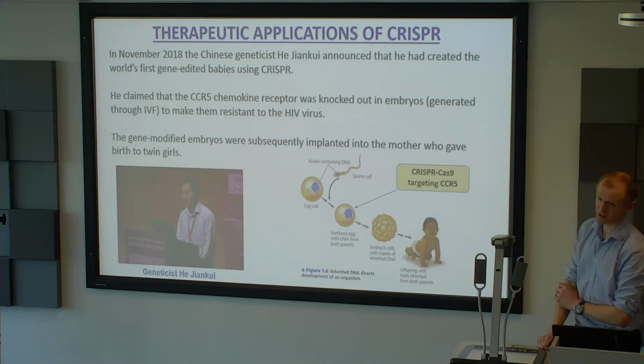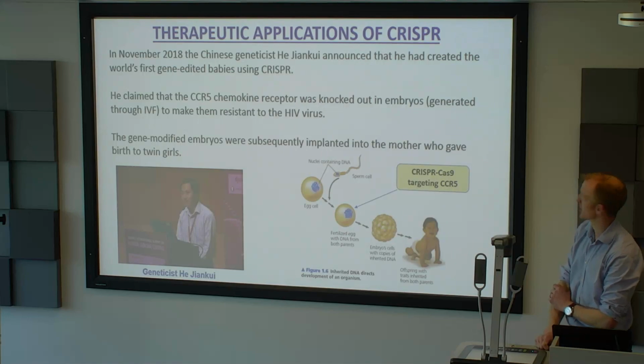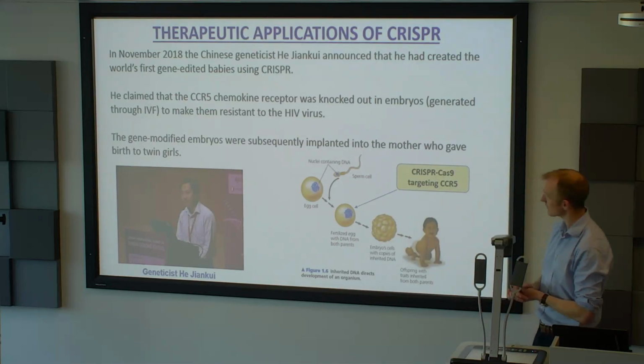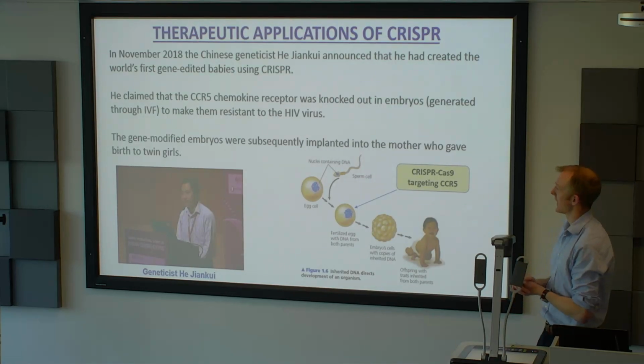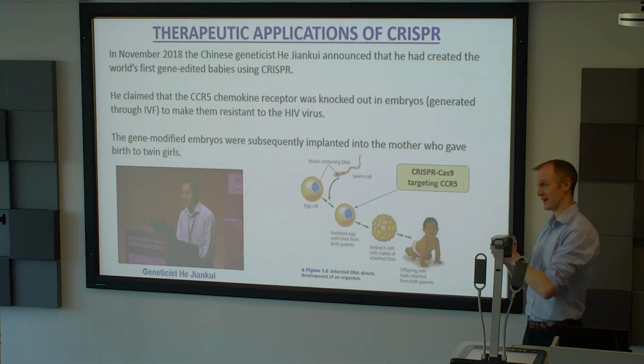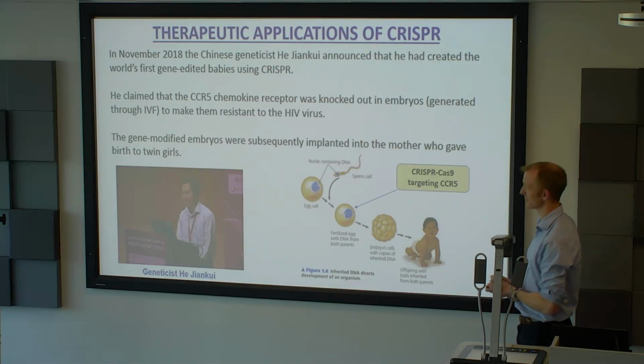the Chinese geneticist He Jiankui announced over in China that he had created the world's first gene-edited babies using CRISPR. This is him when he announced it. So just a couple of months ago, what he did was he recruited couples where the dads had HIV, and obviously when a father with HIV conceives a child with a mother, that HIV virus can be passed to the offspring through the mother's placenta.